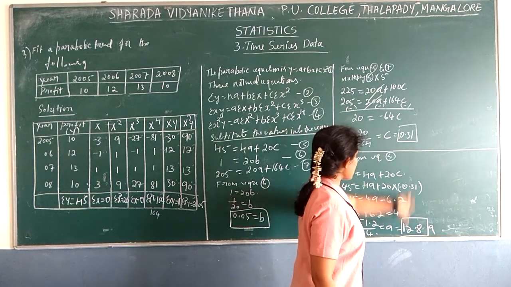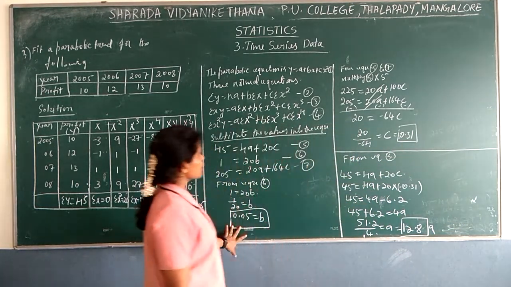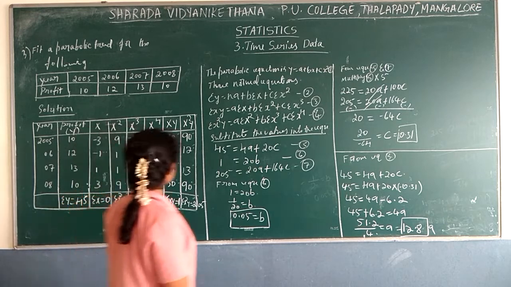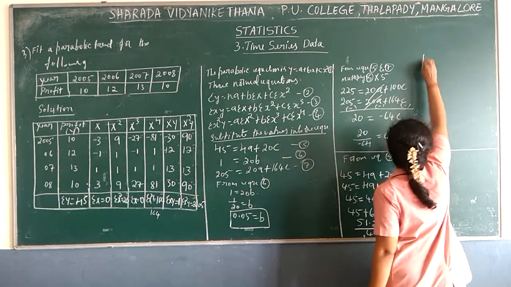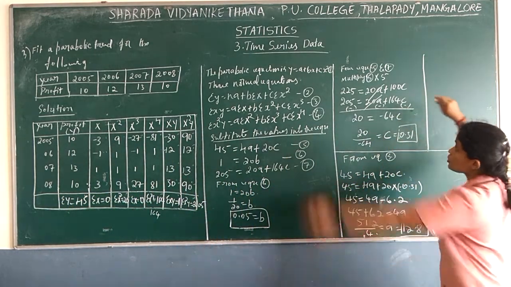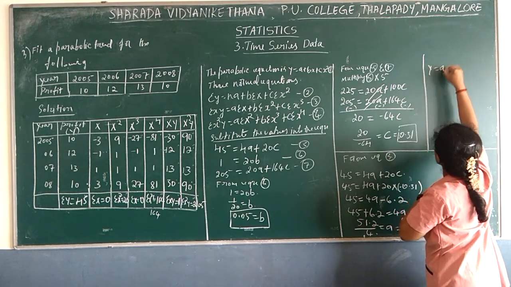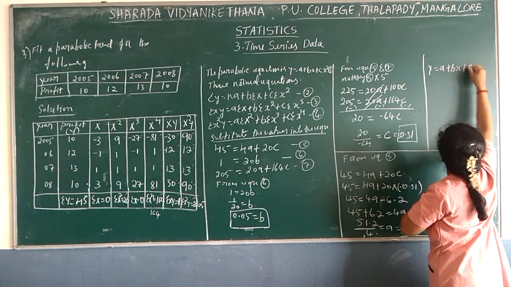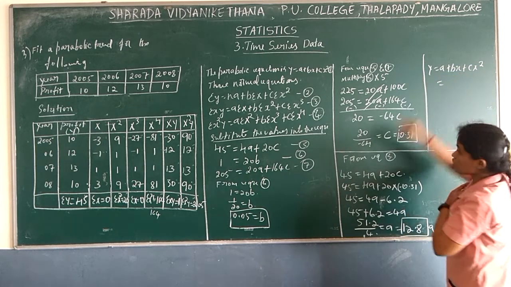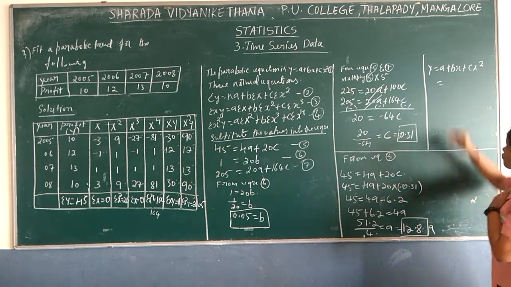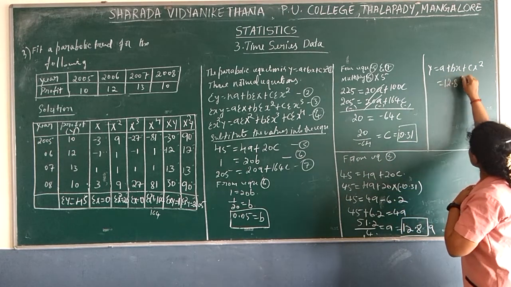So here it is a, here it is c, and here it is b. What we need to do now? Now we need to substitute into the equation. What is the equation? Y is equal to a plus bx plus cx squared. Value of a is 12.8.